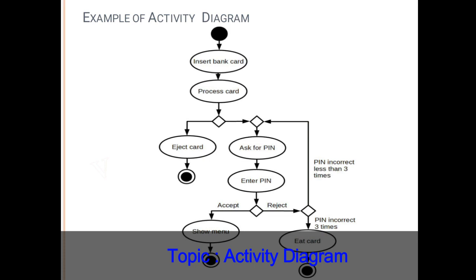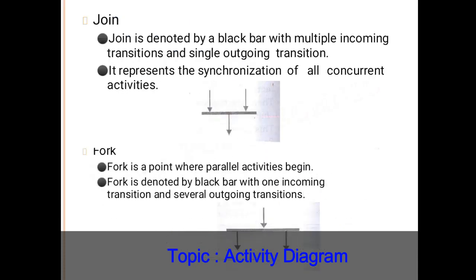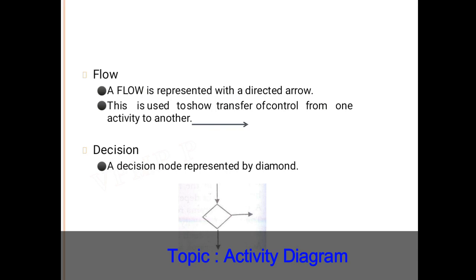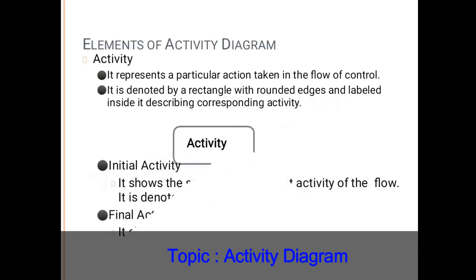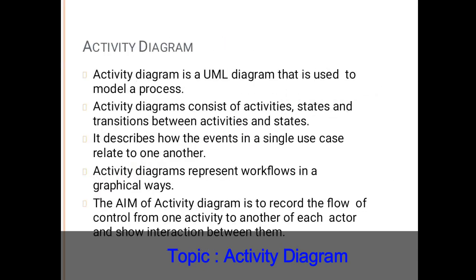This is the most important topic for the GTU exam, and this question is asked in the GTU exam like "explain activity diagram with example." Whenever this type of question is asked in the GTU exam, dear all, first of all you have to write a description about the activity diagram.